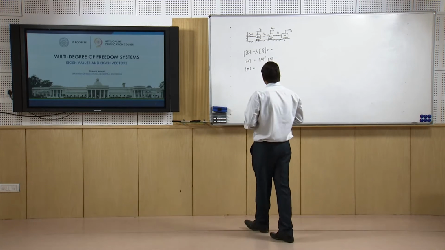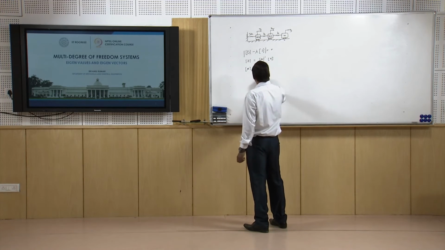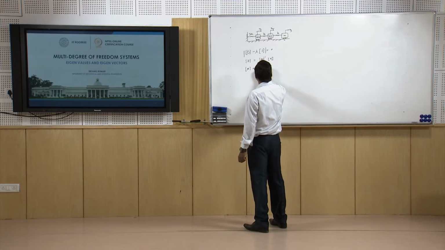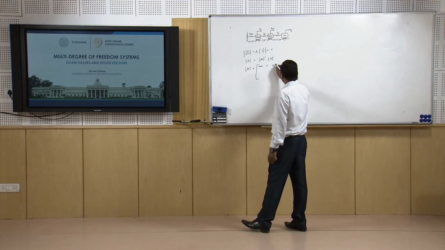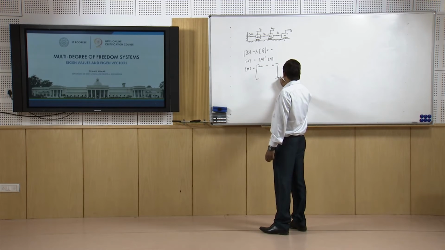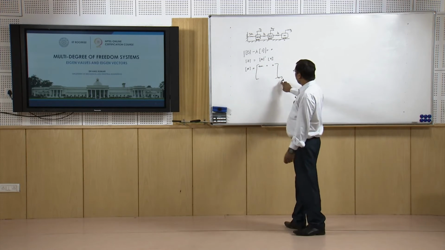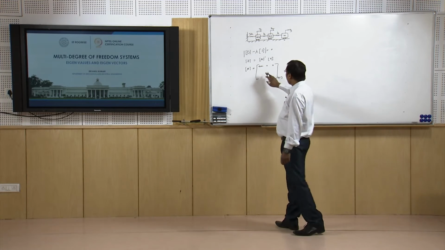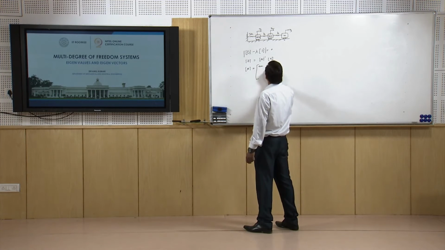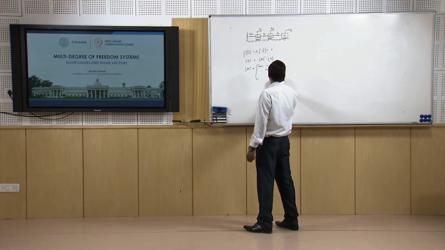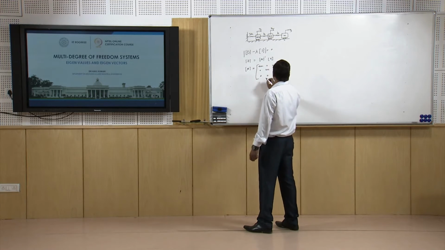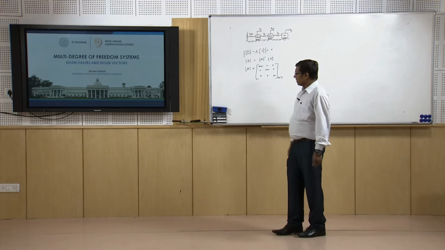So here the mass matrix will be 4m 0 0, it is a 3 degree of freedom system so it will be a 3 into 3 matrix, then the diagonal elements 2m, then m, and the rest 0. So this is the mass matrix.